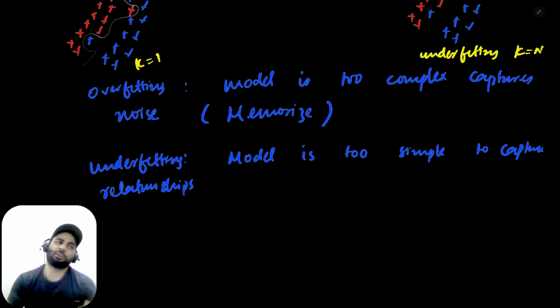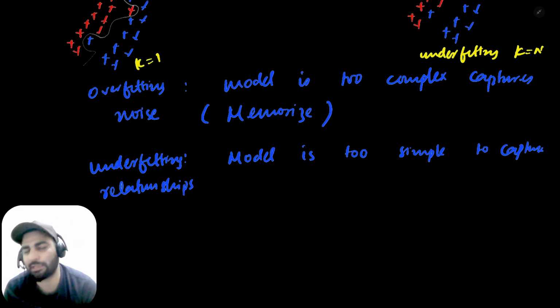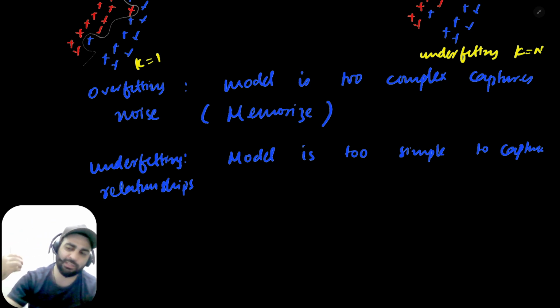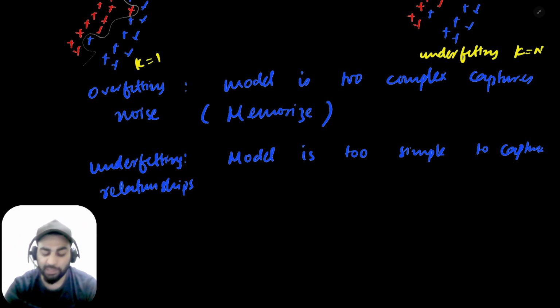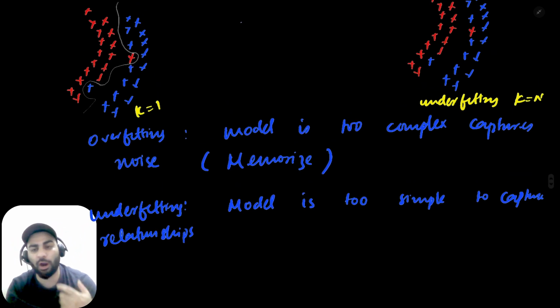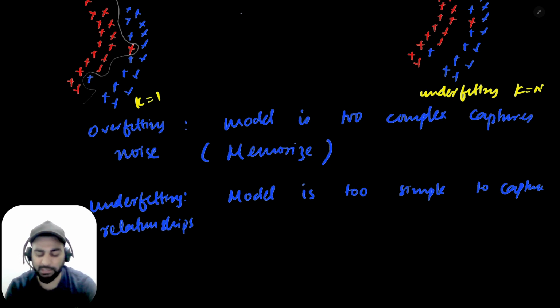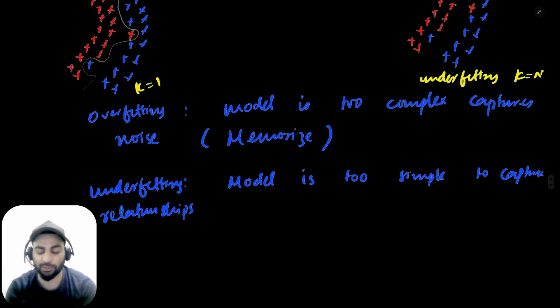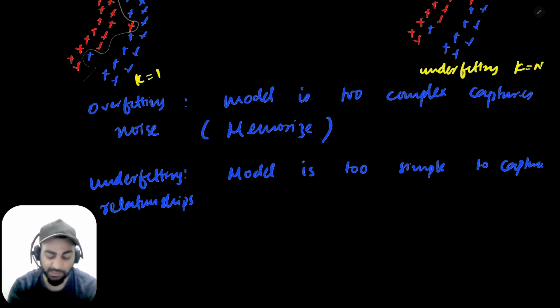If you see it in KNN, it does not try. If you give it any point, it will say it's the majority class. I don't want to do anything. Here in overfitting, it was trying so hard to get every point right. In underfitting, it is not even trying at all. The two extreme cases.